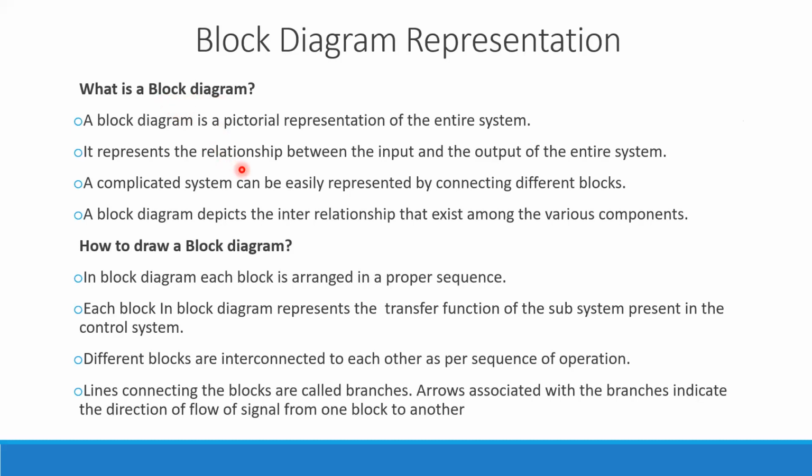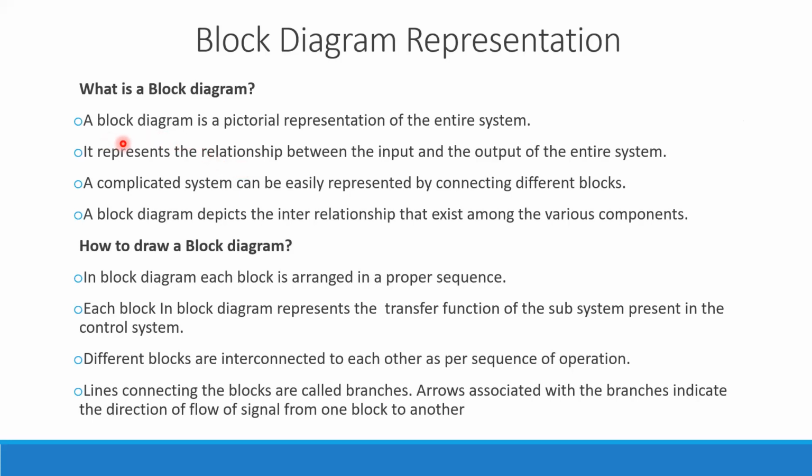The components in this room heater system are the heater, the temperature controller coil, the potentiometer, etc. So there are a number of parts in this physical system, and this whole system will be represented with a block diagram.